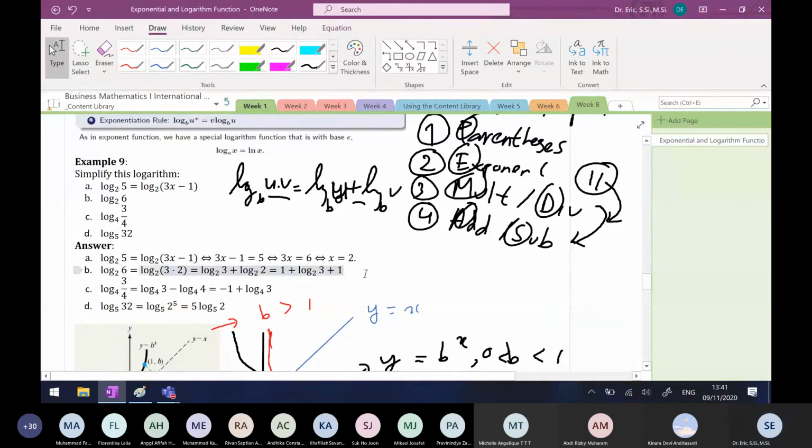Yes. Why? A constant comes before the logarithm. Okay, thank you. Your name, sorry? Vero. Vero, thank you. So the constant should be in front.